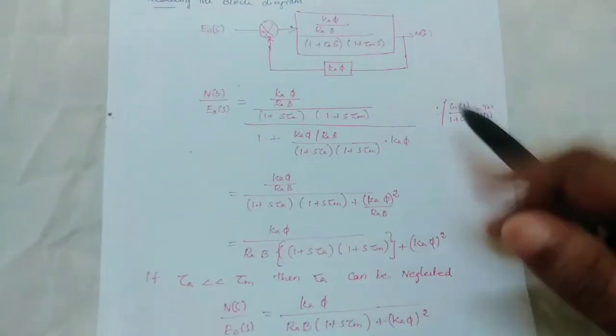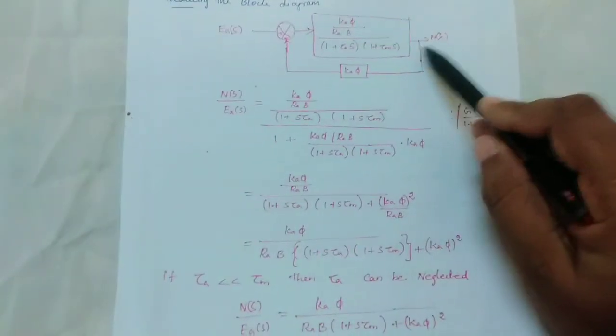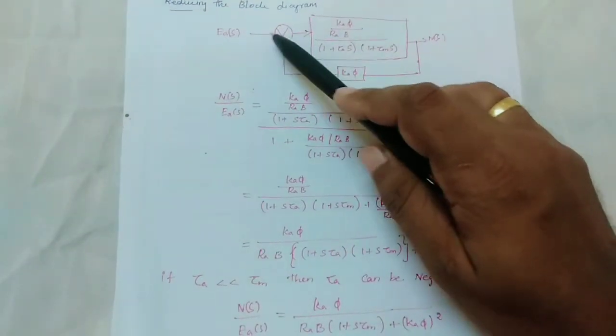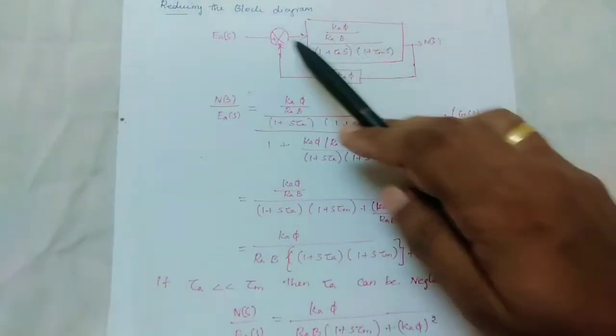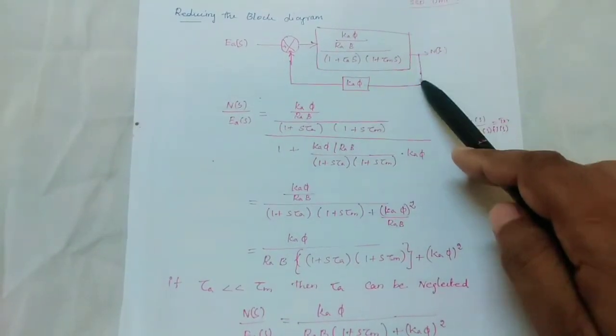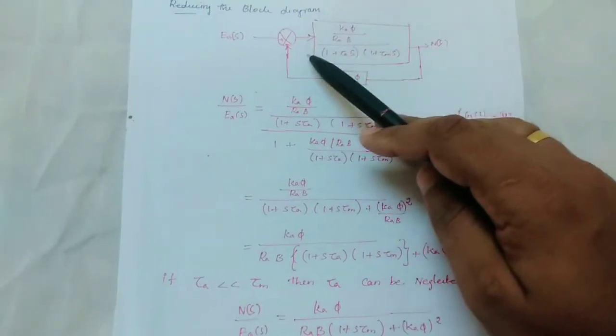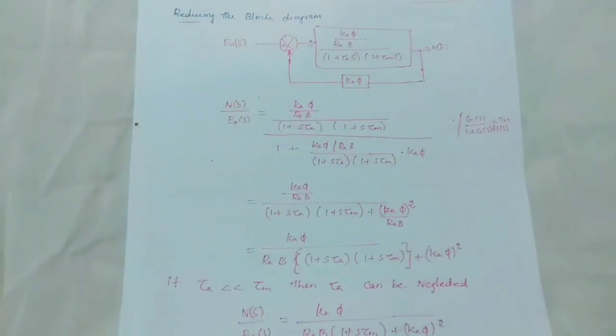Now from this equation, the input is given, there is the output, and there is a feedback signal. Normally in a control system we have studied that the input signal is given, and based on the output feedback signal, the input signal gets some sort of modification. So here we are going to study that.